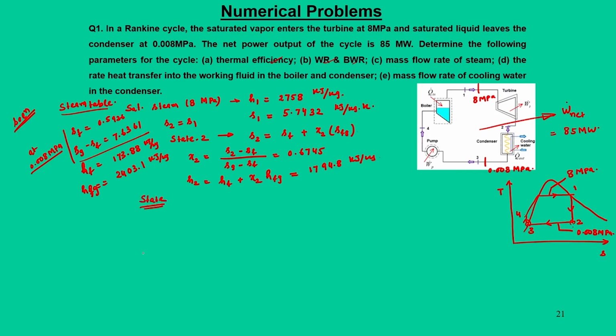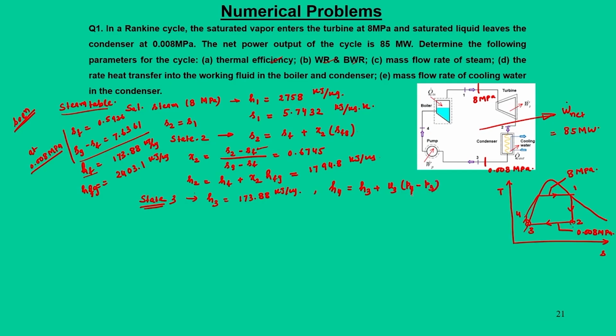State 3 information is already inbuilt in HF and SF. So, from this we can find out H3 as 173.88 kilojoule per kg, and H4 is nothing but H3 plus V3 into P4 minus P3.